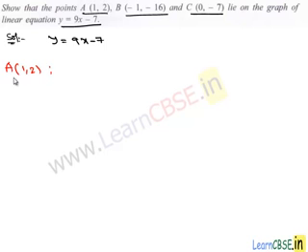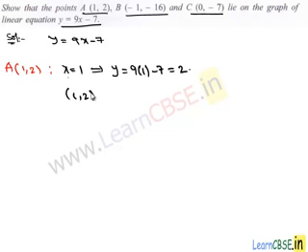To show that A lies on this linear equation, we have to take the x coordinate and find its corresponding y coordinate. Let us substitute the value of x in this equation. We get y is equal to 9 times 1 minus 7, and it is equal to 2. Therefore, (1, 2) is the solution of this equation, and we say that the point A (1, 2) lies on the graph of y is equal to 9x minus 7.